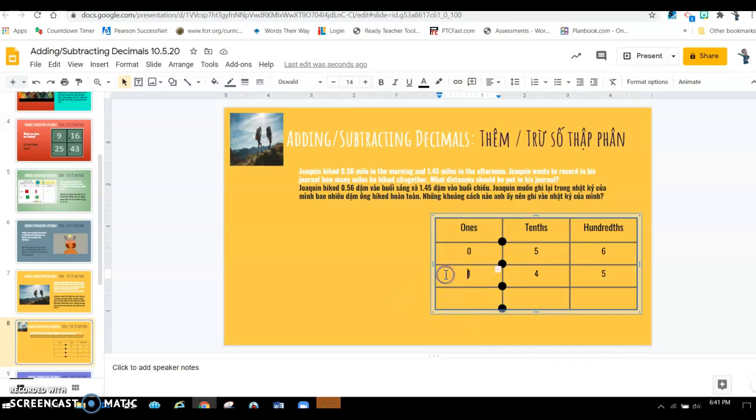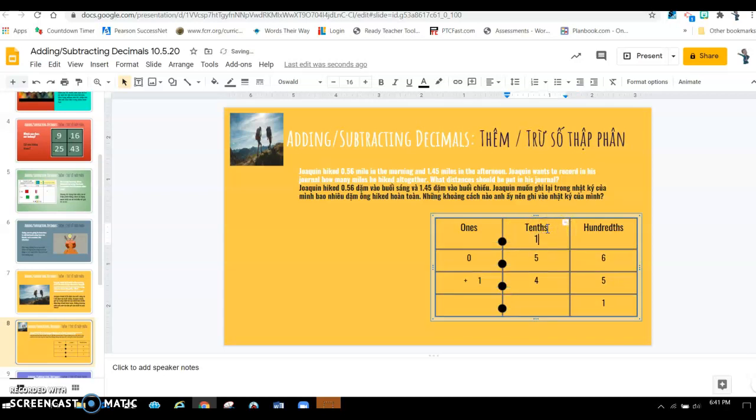If we add these 2 numbers together, we will see 6 plus 5 is 11. So we're going to put our 1, and we'll regroup our 1 here. 1 plus 5 is 6. 6 plus 4 is 10. So we're going to put our 0 and regroup our 1. 1 plus 0 is 1. 1 plus 1 is 2. Again, our answer is 2 and 1/100th.